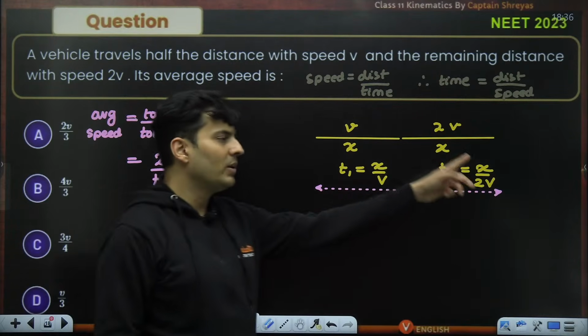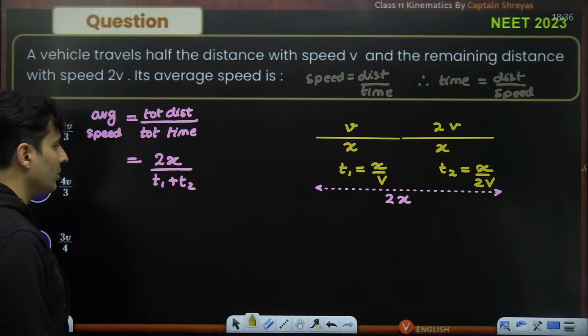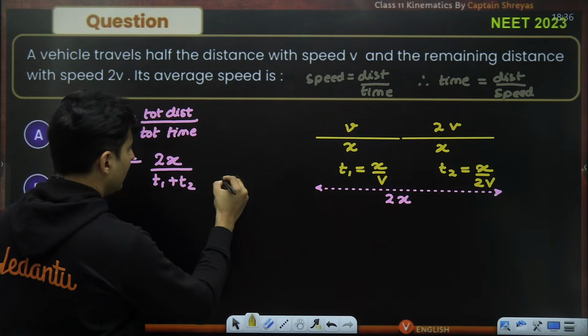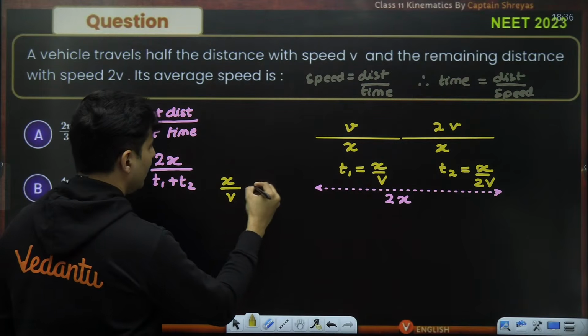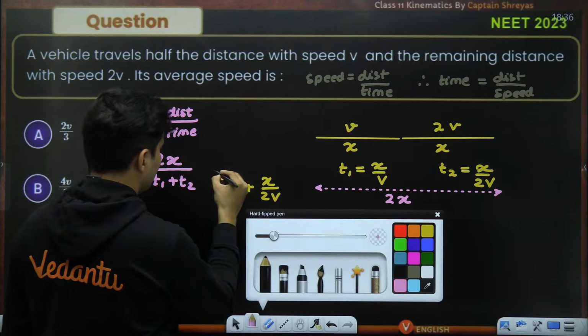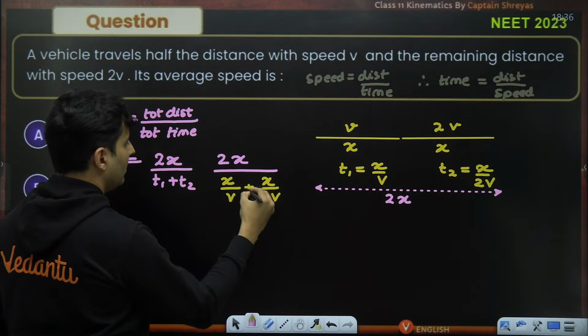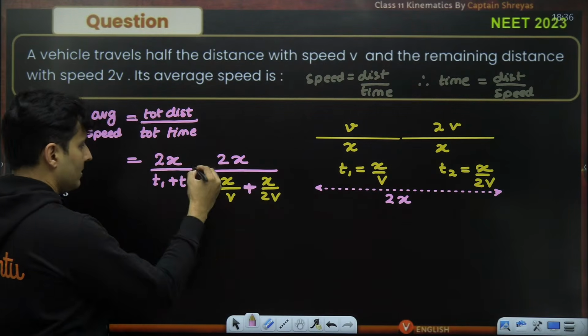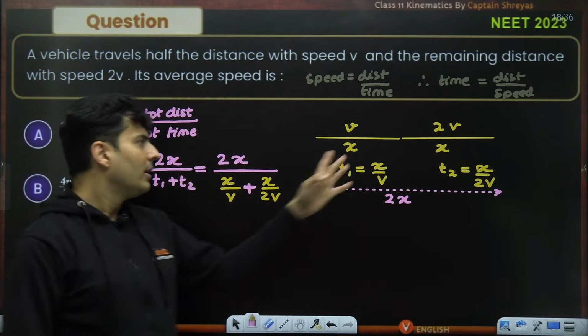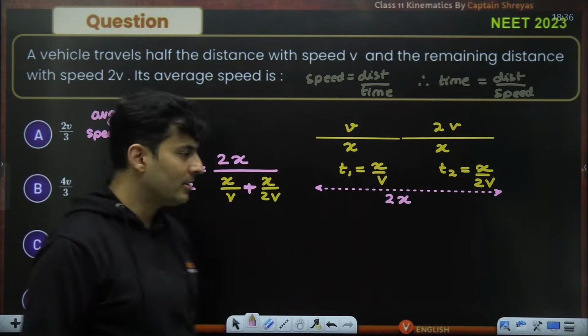So I know now T1 and T2 values, which I can substitute over here: x divided by v plus x divided by 2v in the denominator, and everything else is as it is, because time is distance by speed.